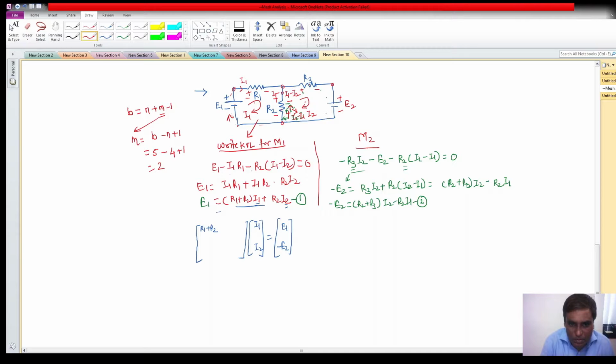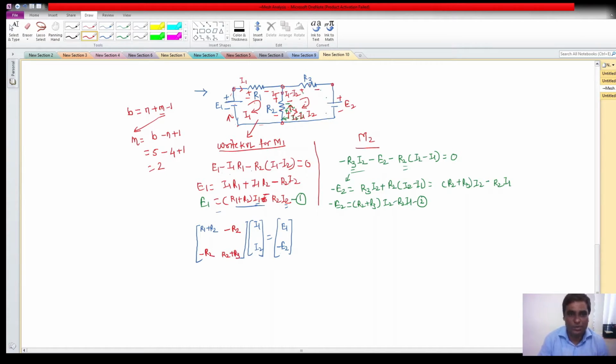So R1 plus R2, and this will be minus, so this is minus R2. Then for equation 2 it is minus R2 and this is R2 plus R3.